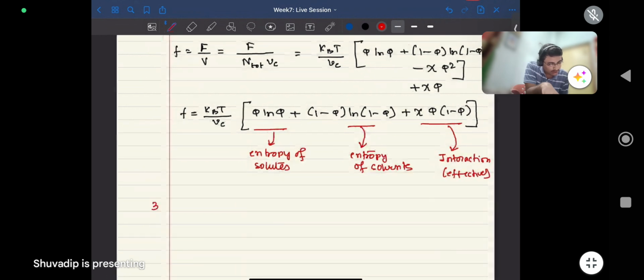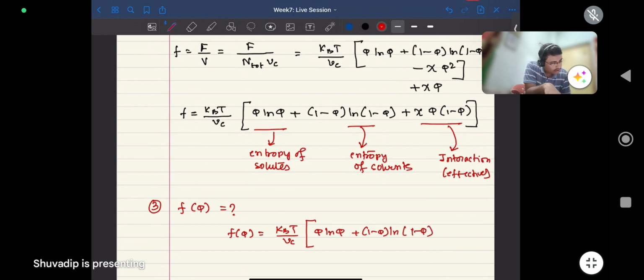Question number 3: f of phi is what? We have already derived the whole expression. F of phi is kBT by Vc, phi ln phi plus (1 minus phi) ln(1 minus phi), plus chi phi into (1 minus phi).